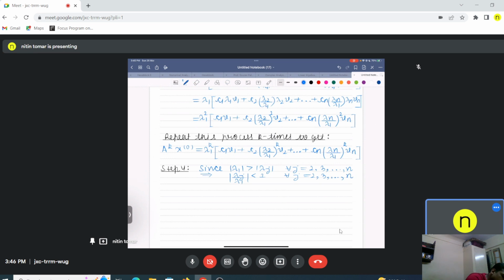So this implies the limit of (lambda j by lambda 1) to the power k as k goes to infinity is 0 for all j varying from 2, 3 up to n.